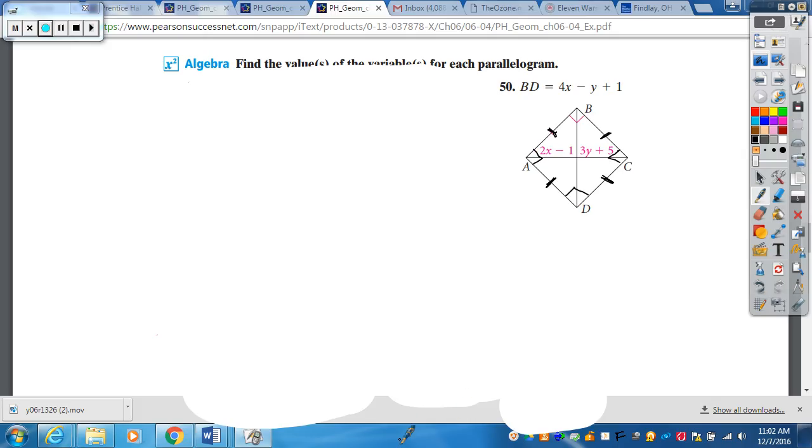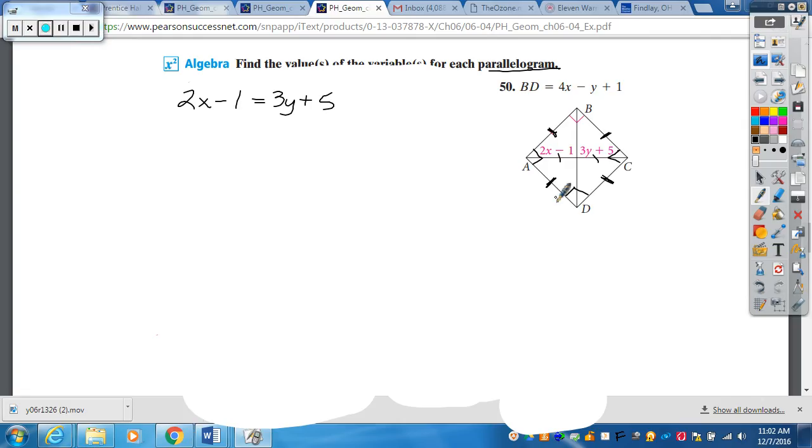And so, being a square, which is a parallelogram, the diagonals bisect each other. So that will be one of my equations I'm going to be working with. The 2x minus 1 is equal to 3y plus 5, okay? One of my equations I need to use. The other equation is this.